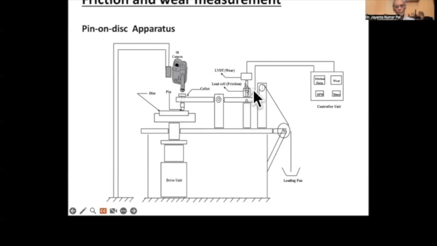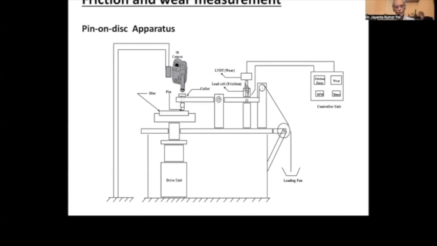Now, to measure the friction and wear, we put an LVDT in the tangential direction so that it can measure the force that is required to overcome the friction. So LVDT is a very well-known sensor, and it is used here.